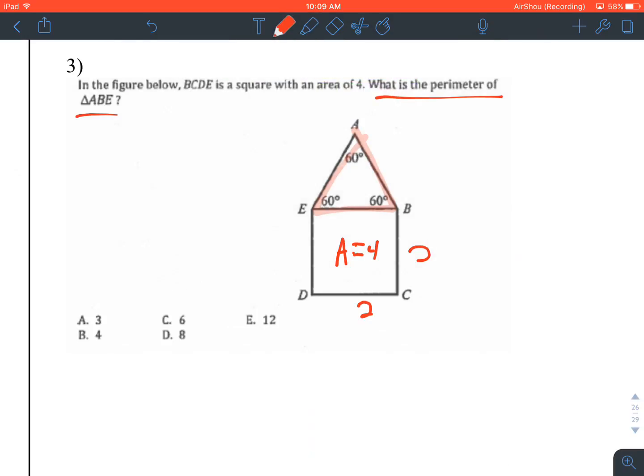If this is a square, all these sides are 2. Since each of these angles is 60, it makes this an equilateral triangle, which means all the sides are the same length. In a separate lesson, we talked about equilateral triangles. If all the angles are the same, all the sides have to be the same. So the perimeter of the triangle was 2 plus 2 plus 2, which is 6.